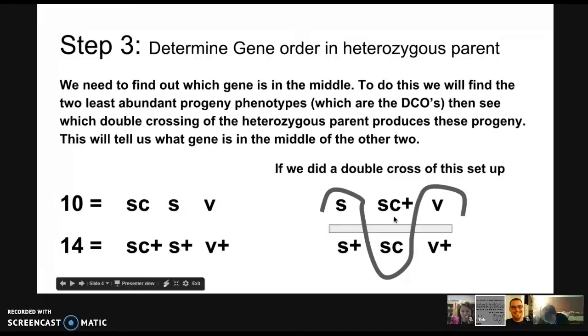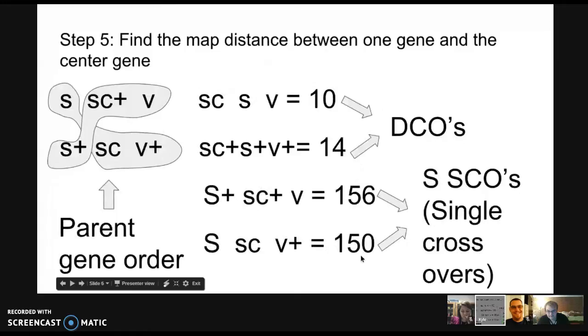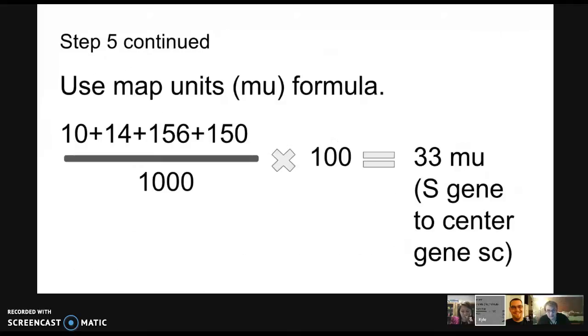So we know that the SC is going to be in the middle. Double crossover numbers, and then our single crossover numbers found with these ones. We'll use our mu equation to get 33 mu.